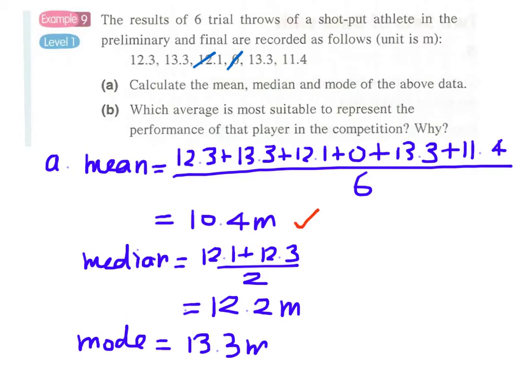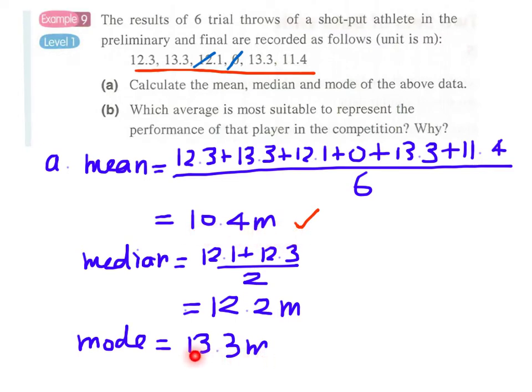This is rather small, because if you look at the data, these are all about 12 to 13, some are 11 to 12. And 10.4 is rather low compared with these data. Why? Because we have an extreme value 0 here. So this extreme value has the side effect of decreasing the actual mean.